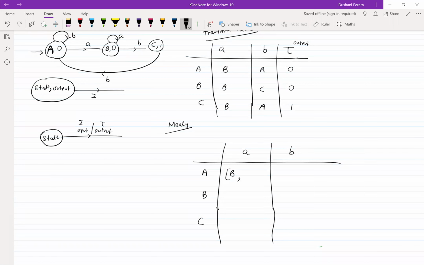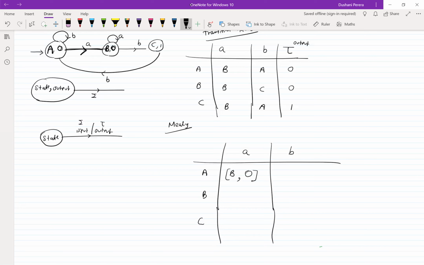When you're at A, when you see small a, you go to B. Okay, and what do you print? You print 0. Yeah, zeros are what you print. So here the state is associated with 0, because at A you get an a and you print 0.